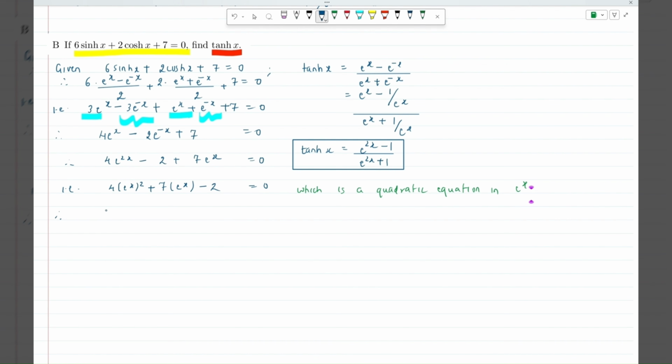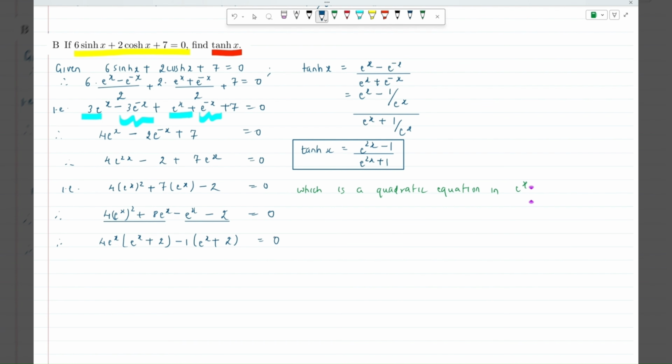So we can rewrite this as 4 (e raised to x) whole square plus 8 e raised to x minus 1 e raised to x minus 2 is equal to 0. And factoring out 4 e raised to x from here, we get e raised to x plus 2. And from this, we can factor out negative 1. So we will be having e raised to x plus 2.